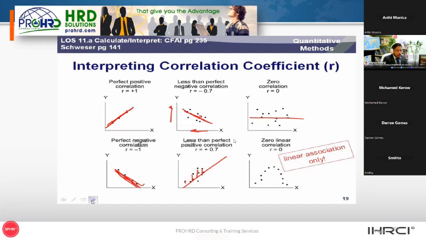So here, for example, perfect positive correlation. Earlier we did a lot of employee satisfaction surveys. Now we realized satisfaction doesn't guarantee productivity, because I can get satisfied by leisurely activity, going on vacation and other stuff.